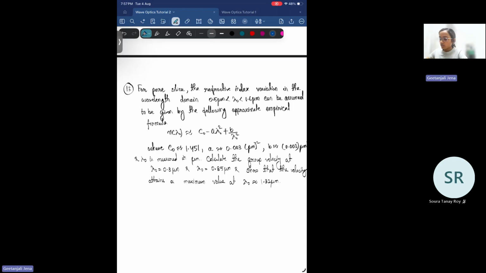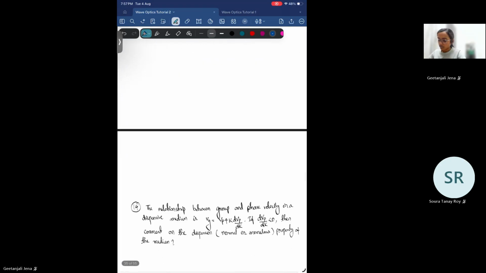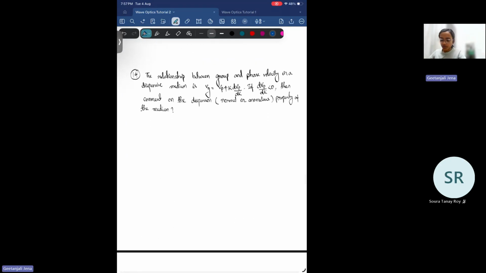Okay. So let us see one last problem. Question number 40. So the relationship between the group and phase velocity in a dispersive medium is given by Vg is Vp plus k dVp over d omega.